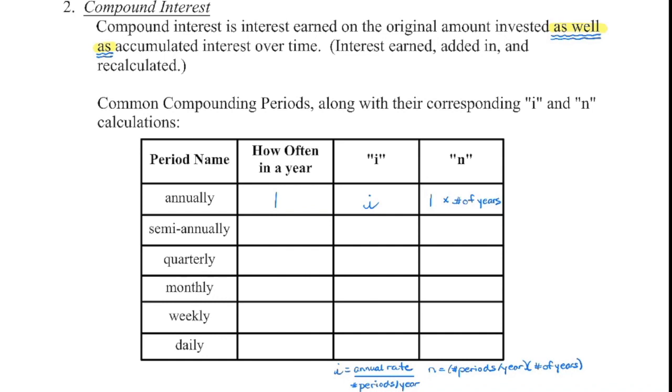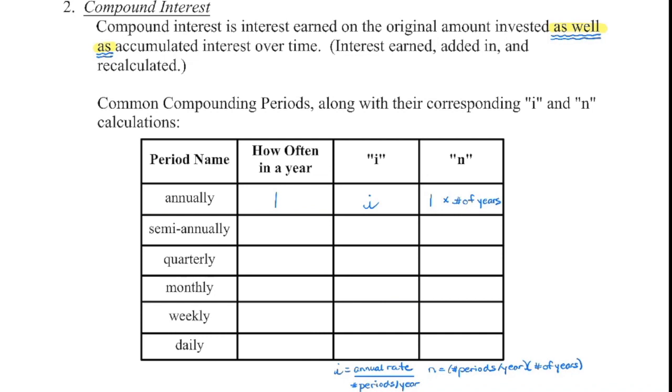With compound interest, at the end of year 1, they calculate how much interest you earned, then they put that money back into your account, and then in the next year or the next time period, they calculate how much interest you earned on the initial principal and the interest that was already in there. So it's basically you're being paid interest on top of interest, and that's what causes it to grow exponentially.